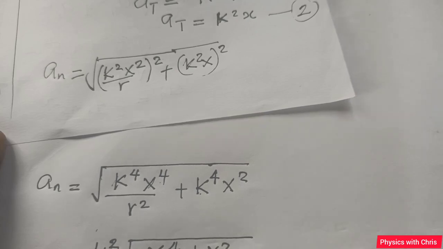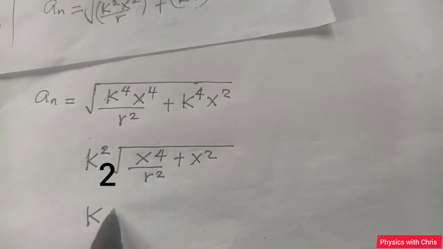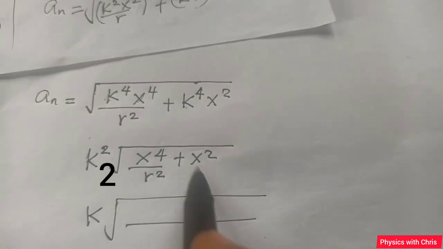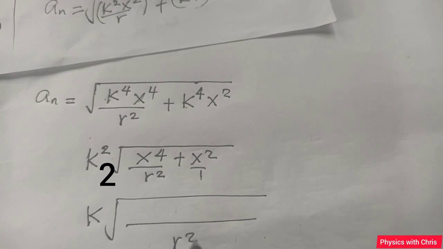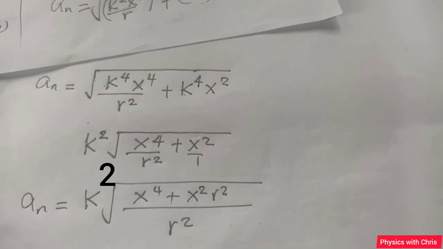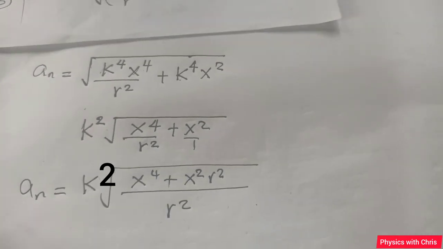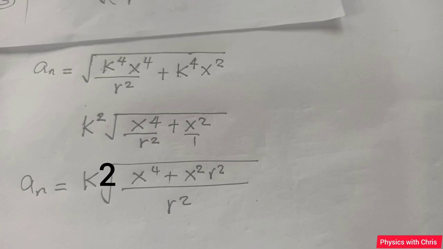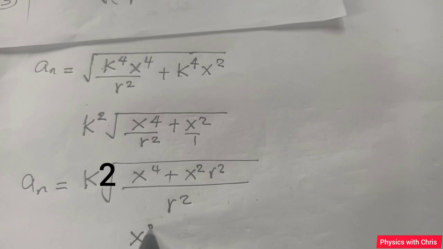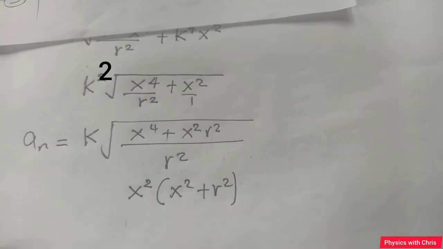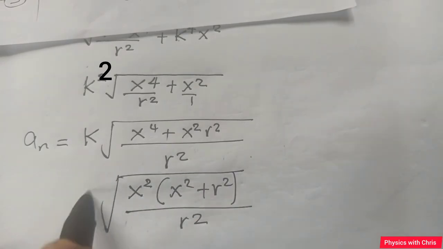I can decide to simplify further by taking the LCM. This is over 1. This is x to the 4 plus x squared r squared, over r squared. So that is, in terms of the symbols I have, the expression for my total acceleration. If I factor out x squared from this, I can have x squared plus r squared, divided by r squared. That is the square root of that multiplied by k.